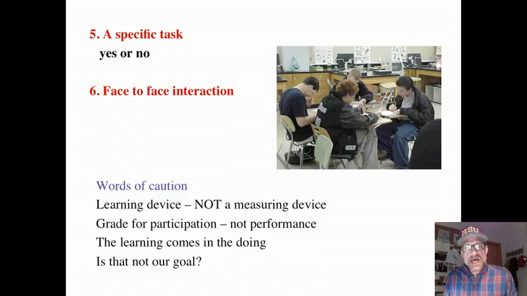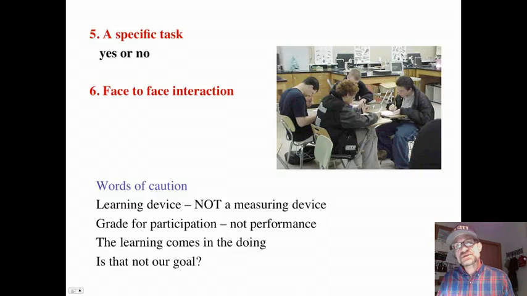That puts a lot of pressure on students who are highly motivated and want to get that grade, or students who are less able. That should be used with caution. And for me, that is not the use of it at all. It is a learning device used for short learning activities in the class, not a measuring device.